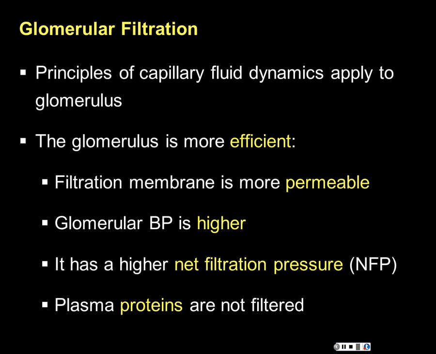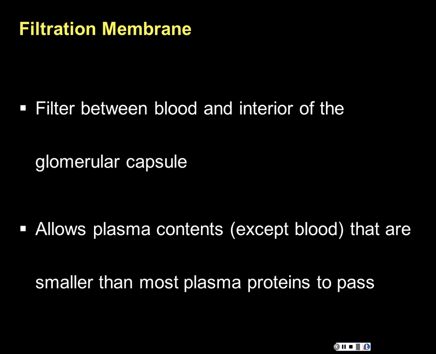And because the pressure is higher, the net pressure is higher, and we know that our proteins, even though the glomerular capillaries are more permeable, are still not permeable to large proteins because we don't have an ability to reabsorb them at the kidney itself. And so the question is, what is a filtration membrane?